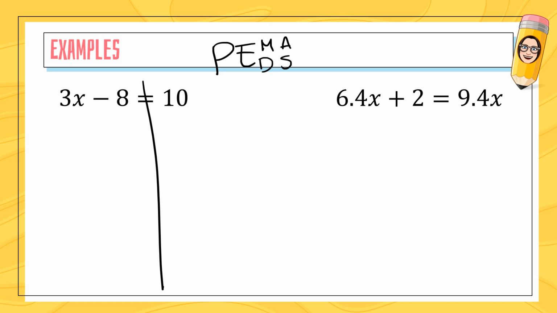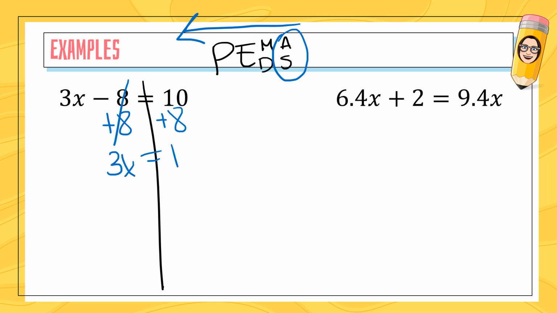We are solving. Solving means we do the opposite. That means we want to undo any addition or subtraction first. All right, so instead of subtract 8, add 8. And the last step, instead of times 3, we want to divide by 3.